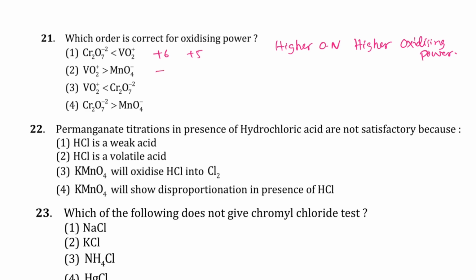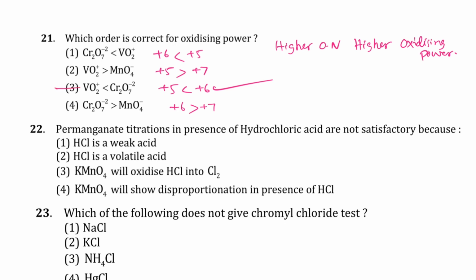Then here +5 and +7, +5, +6, +6, +7. But here a greater-than symbol is there, here a less-than symbol is there, greater than is there, and less than is there. So the higher the oxidation number, the better the oxidizing power, which means this is the correct answer. So the third option.